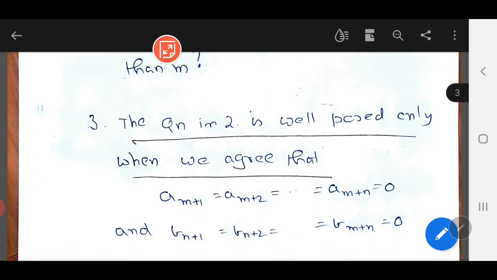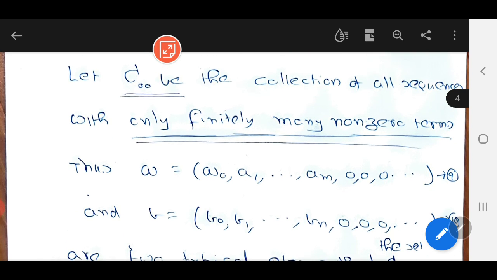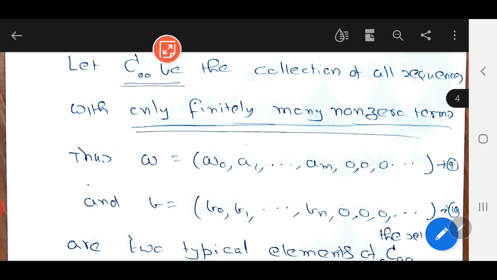Now, when we come to this kind of representation, I am talking about sequences. From polynomials to sequences we are shifting. So A is equal to A0, A1, etc., Am, and after Am we simply put all zeros. That is a sequence. Sequences are of two types: a finite sequence or an infinite sequence.